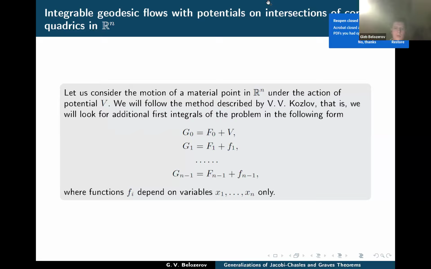And now we want to add some potential V. We would change the first integrals of our system in the following way. We want to add to the first integrals of our classical system some functions which depend only on the variables x_1, ..., x_n, only coordinates in R^n.